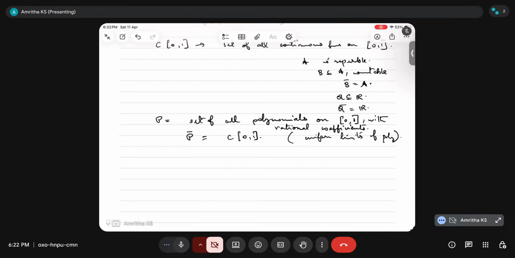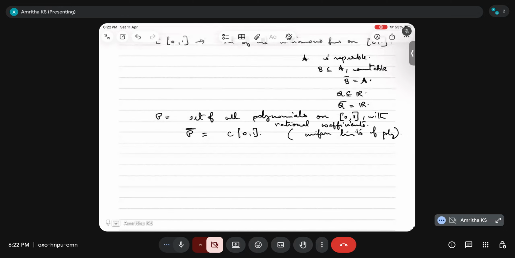So that means the closure of this set as well would give me this. Okay, so please write down and try to understand. Please note that we are not taking the set of all polynomials.